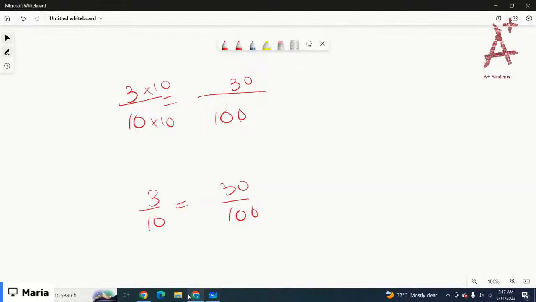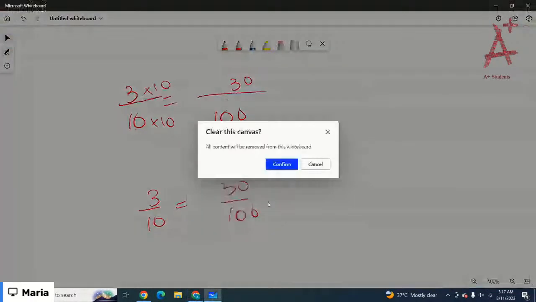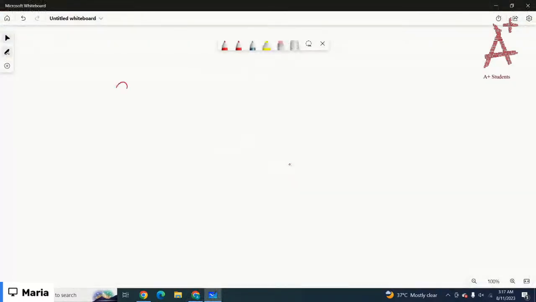Okay, just look at the other example. Write an equivalent fraction with a denominator of 100. You have 9 over 10 equals the missing number over 100. Just look here, you have 10. 10 times what number makes 100? 10 times 10 makes 100.